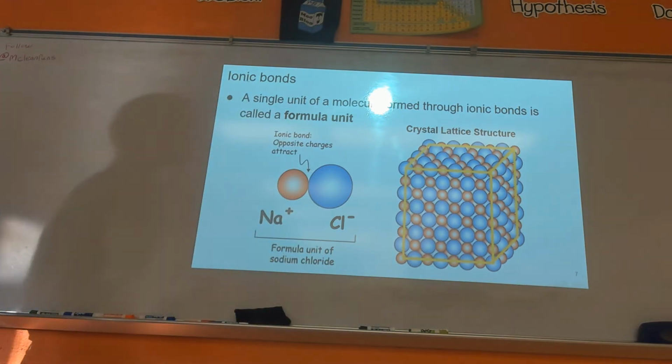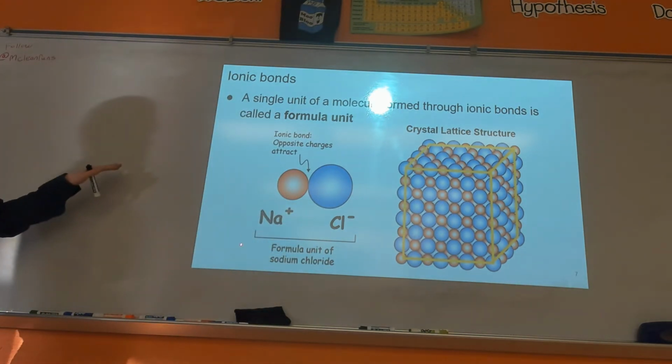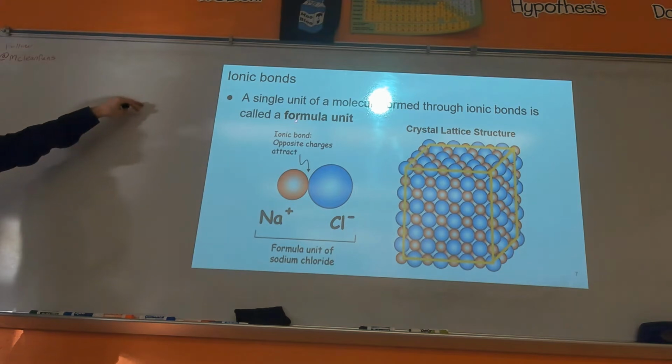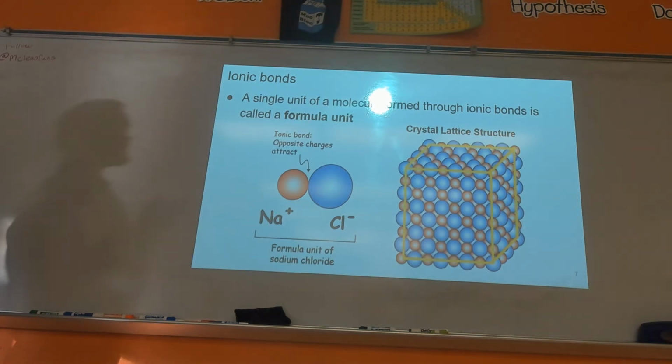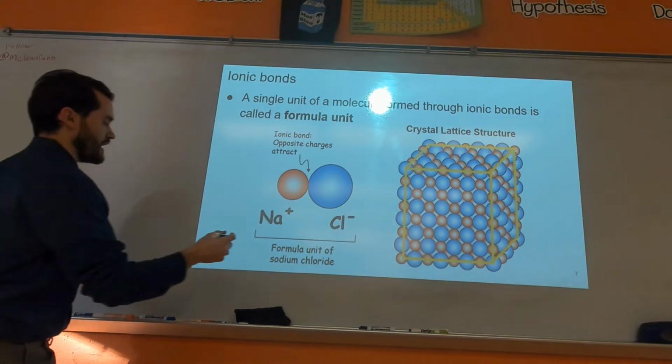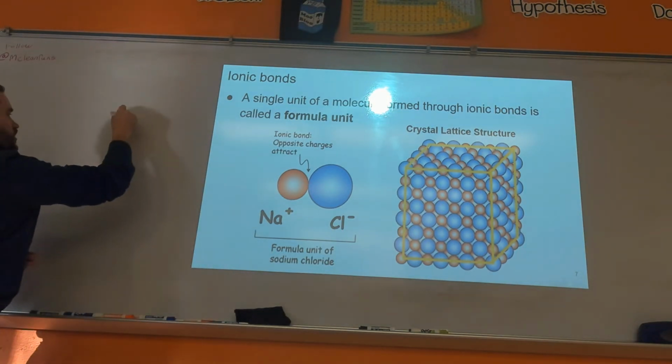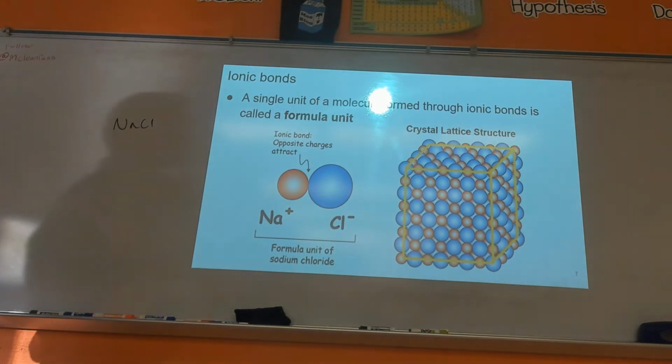Not even really more detail, just another slide going over it, and then it introduces this idea of a formula unit. So say you have a big thing of salt. And when I say salt, I mean sodium chloride, like table salt, NaCl. You have this big old thing of salt.